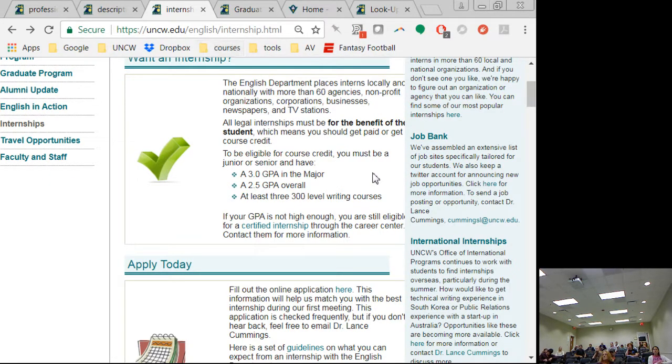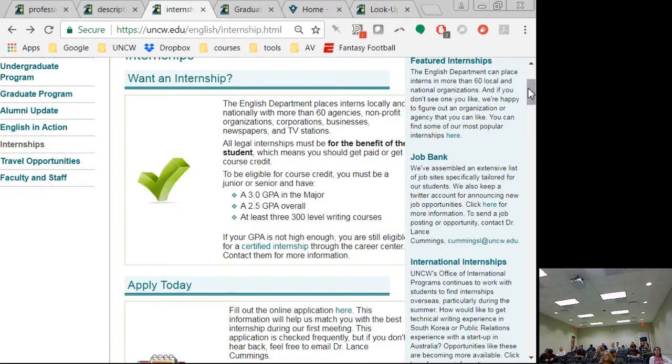So you can do 2 different internships if you get on it early enough, and of course one of those can fill your requirement for the certificate. It also can fill the other writing requirement, so it doesn't have to be just an extra thing.